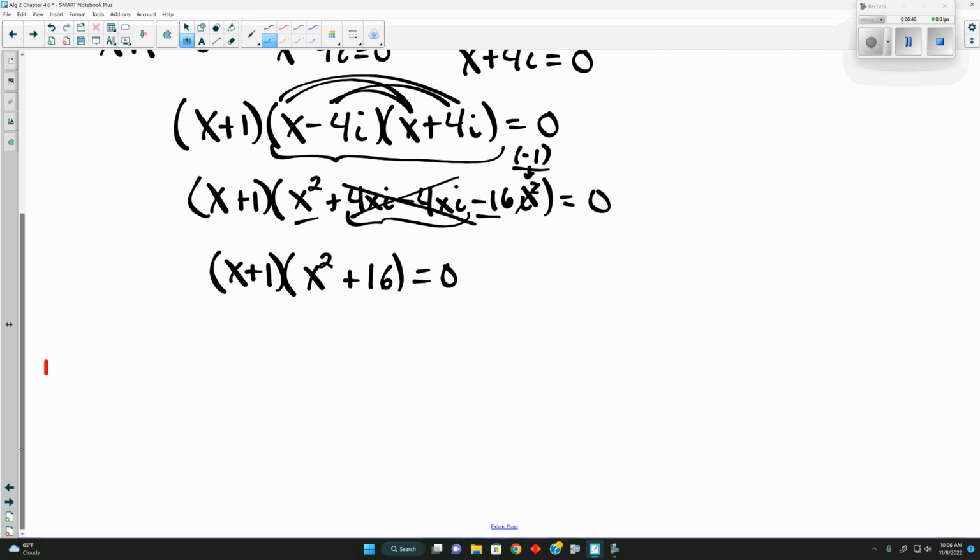And last but not least, we need to multiply these two out. x times x squared is x cubed. x times 16 is plus 16x. 1 times x squared is plus x squared, and 1 times 16 is plus 16.